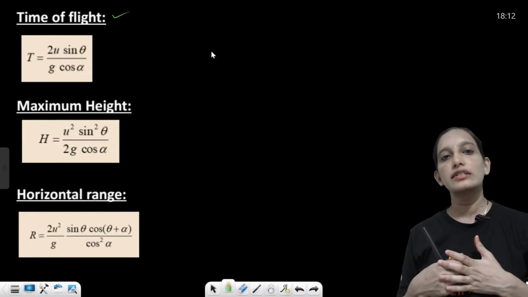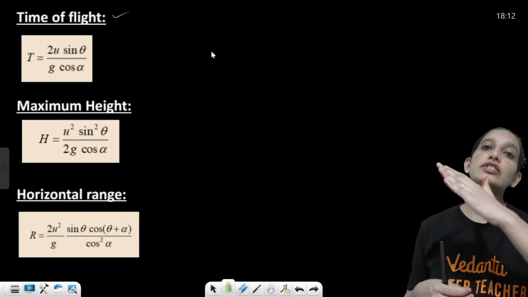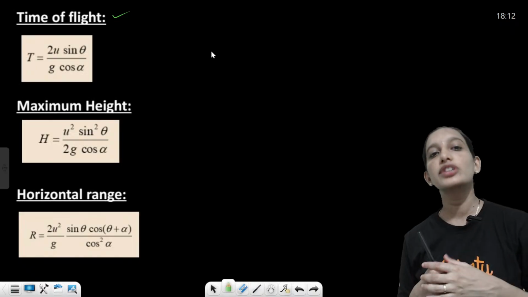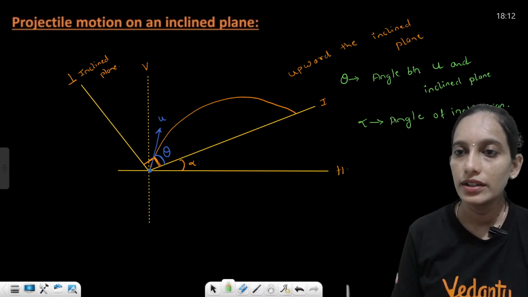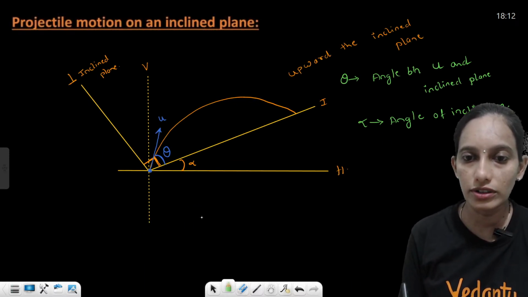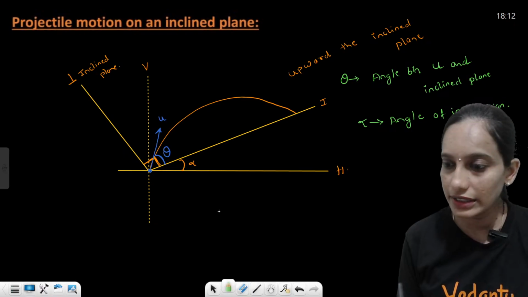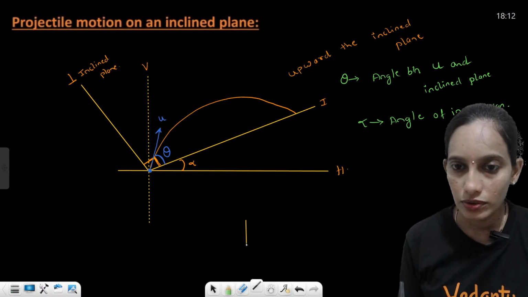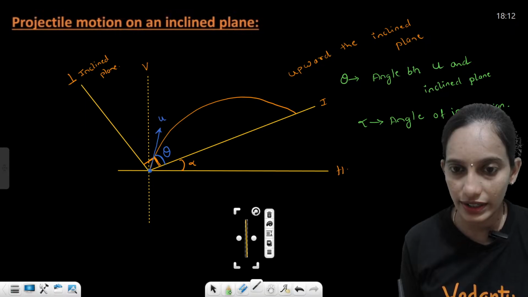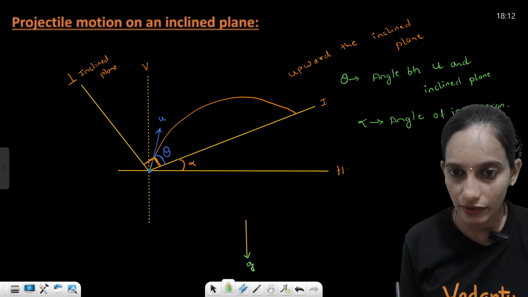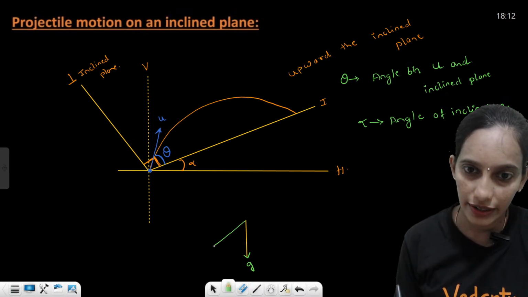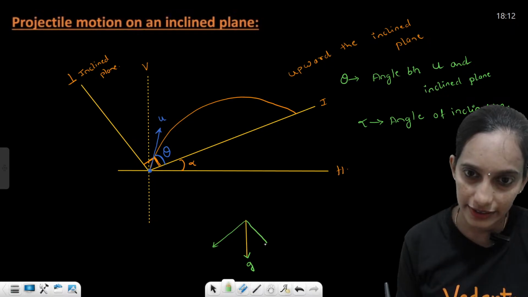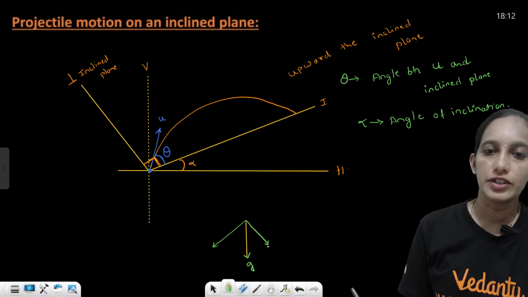So along the direction perpendicular to the inclined plane we have g cos alpha, whereas along the inclined plane direction we have g sin alpha. Okay, if I draw it here, you can see it. Vertically downward we have our g here, and then along the inclined plane is this direction and perpendicular to the inclined plane is this direction.